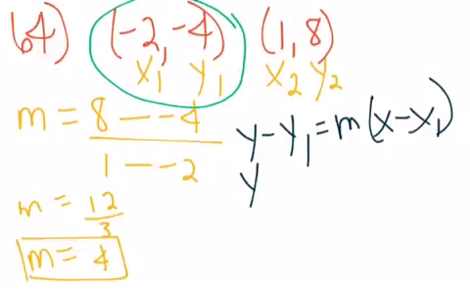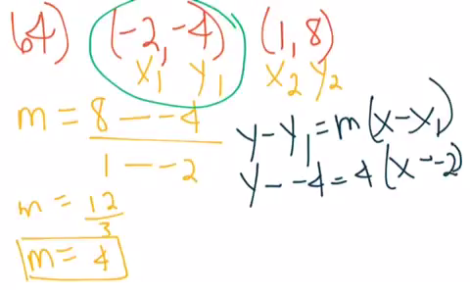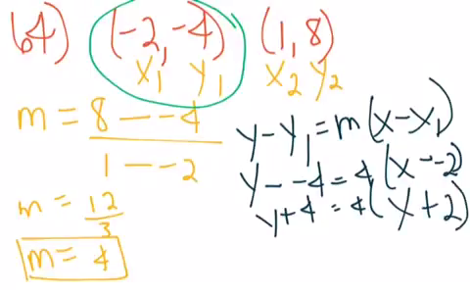So you have y minus y1, which is -4, equals the slope, which is 4, times x minus, and x1 is -2. Well, minus a minus is a plus. So x plus 2.